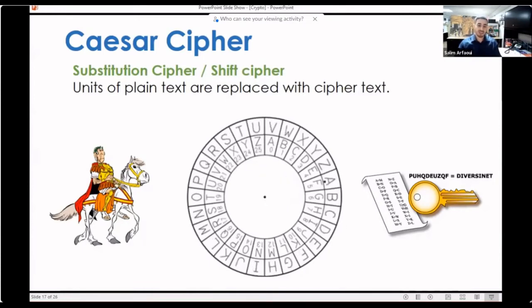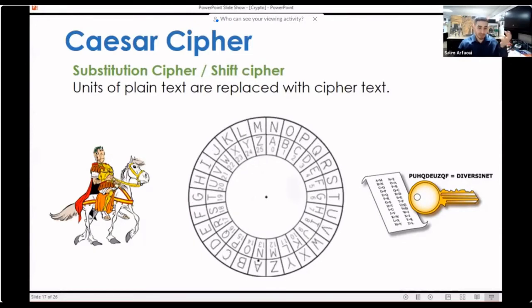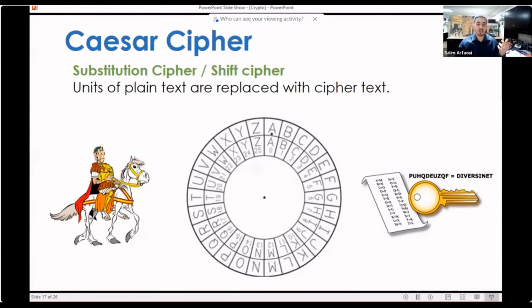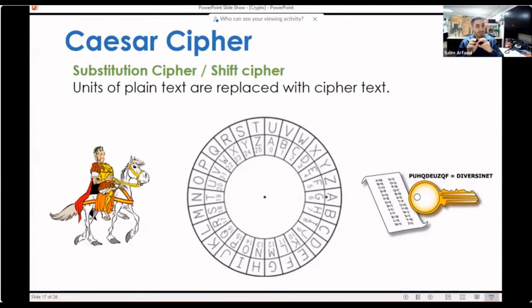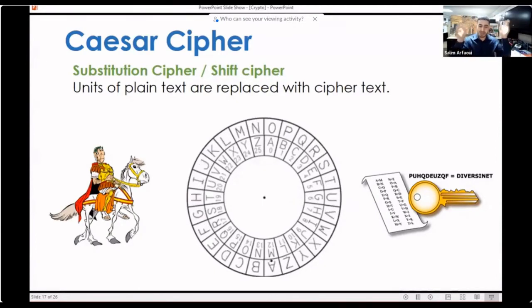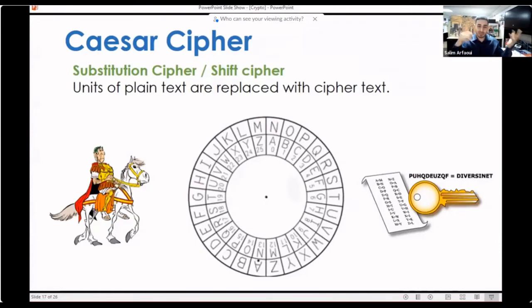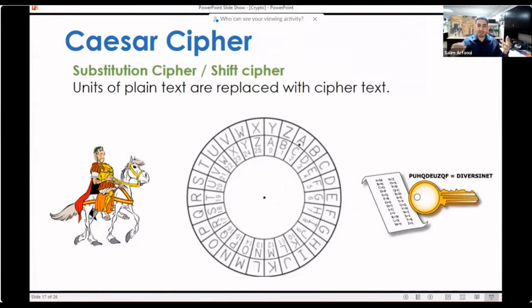Now, the value for the shift is called the key. That's the key parameter. And the crypto system that we're using is called the Caesar cipher. Without knowing the crypto system and the key, you're never going to be able to decrypt this, unless you're just guessing and guessing, and maybe you end up with a correct guess and maybe not.